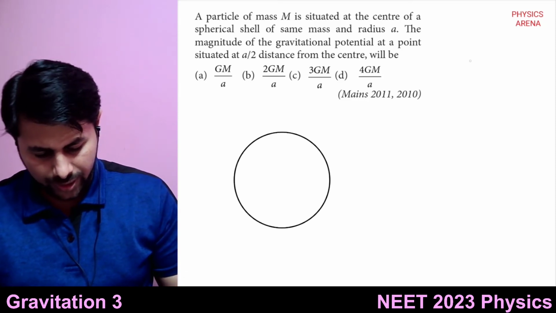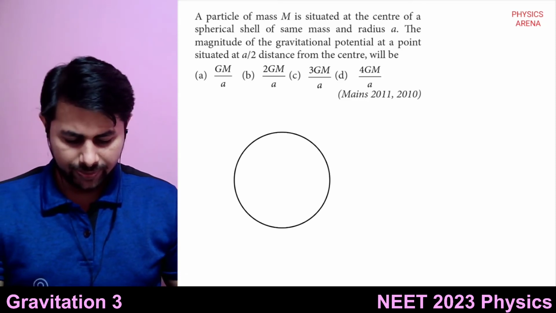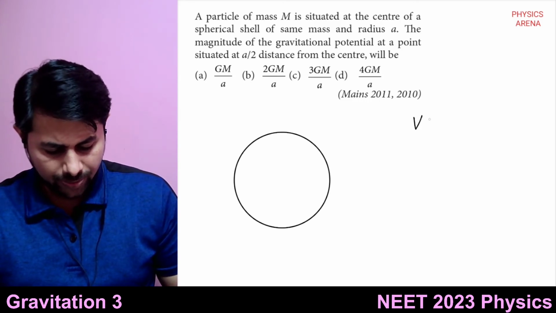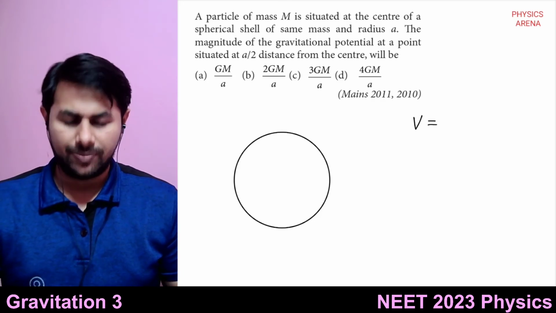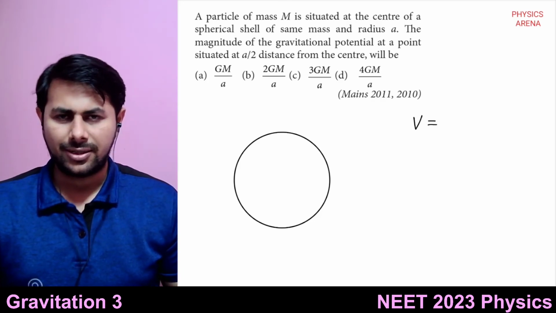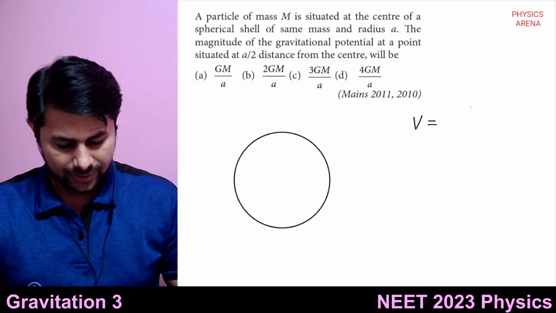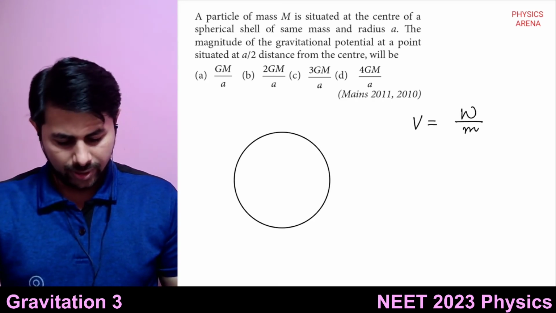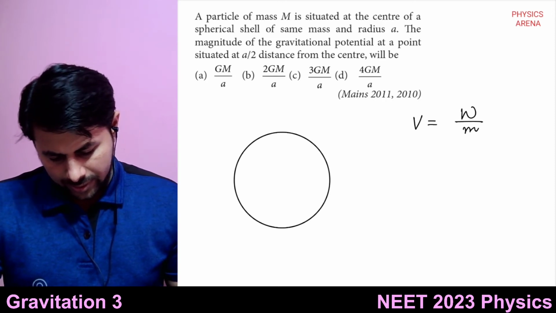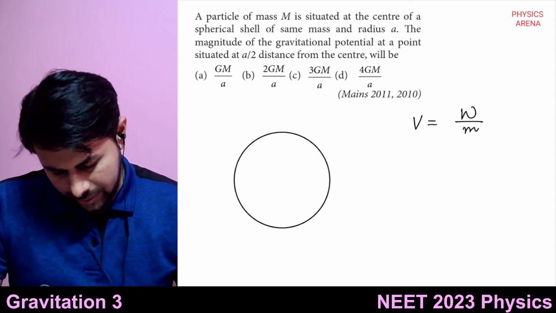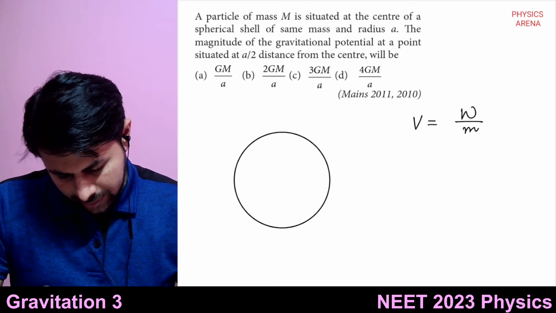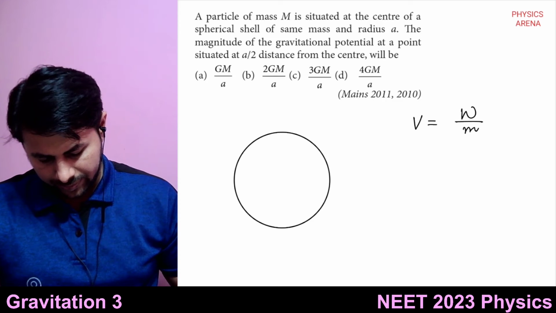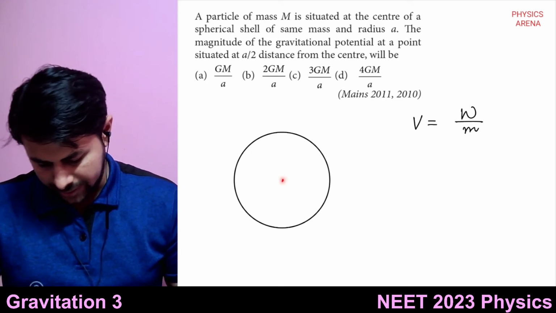See, now here comes this concept: what is gravitational potential? It is work done per unit mass, right? It is work done per unit mass. Okay, how much would be the gravitational potential at this distance?